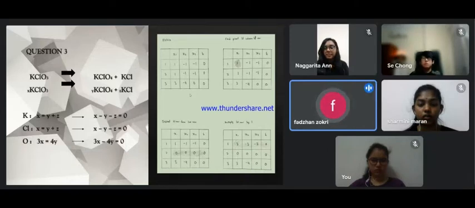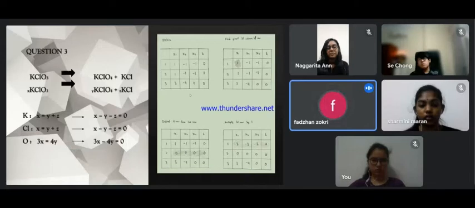So the matrix here is 1, -1, -1, then also 1, -1, -1 for the second row, then 3, -4, 0.